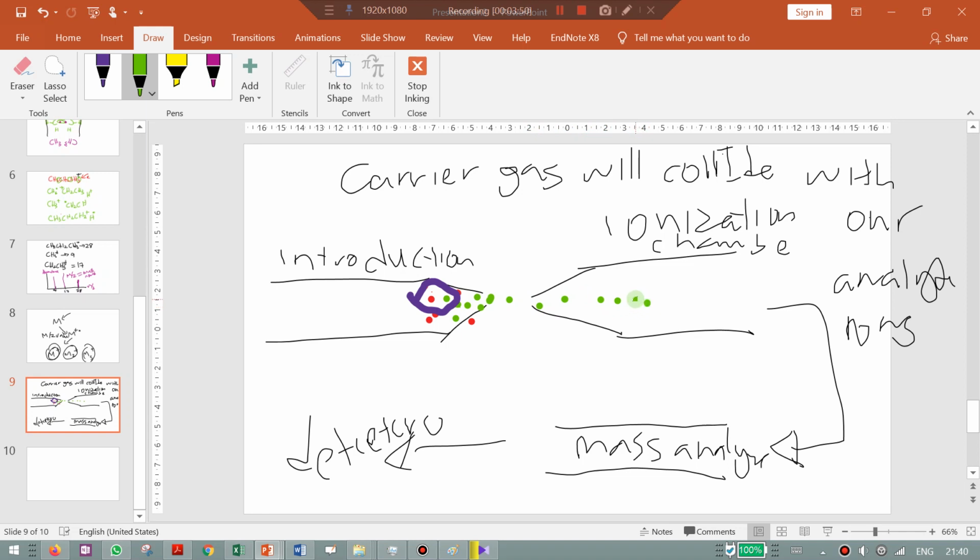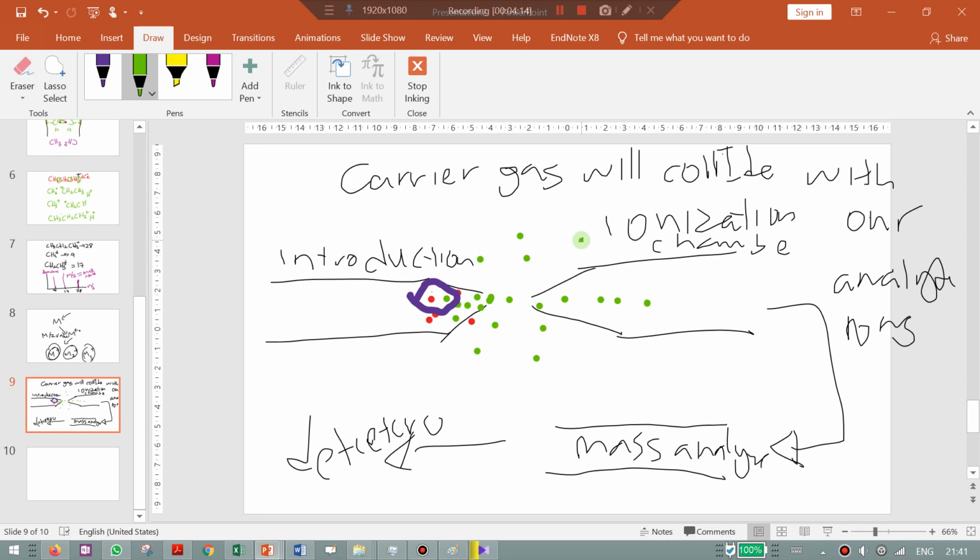But let's say the condition is low vacuum and the pressure is high. Your particles will undergo a longer path length. The pathway is much bigger, so the efficiency of the analysis will not be so good, and we will not get a very good mass spectrum.